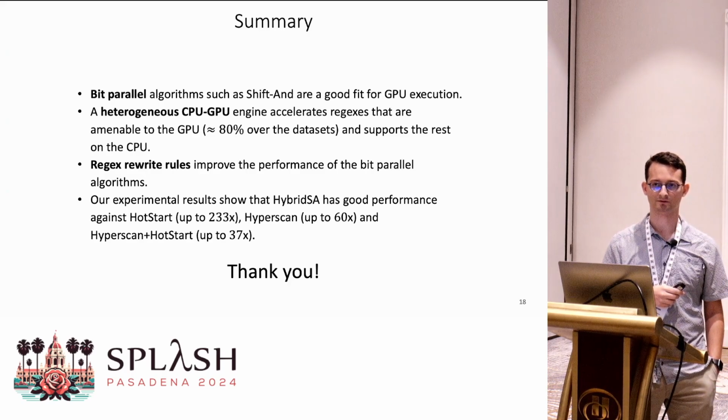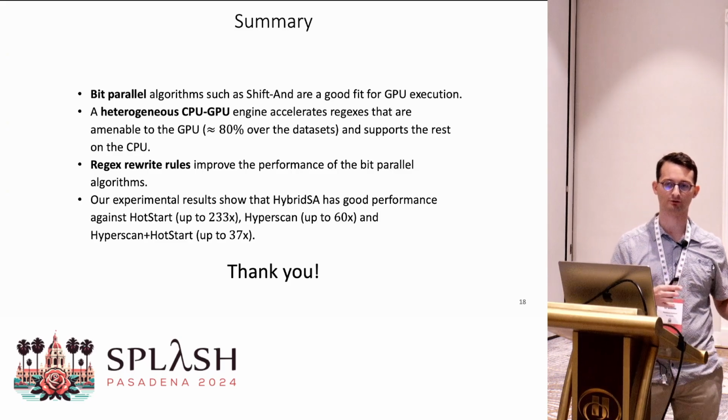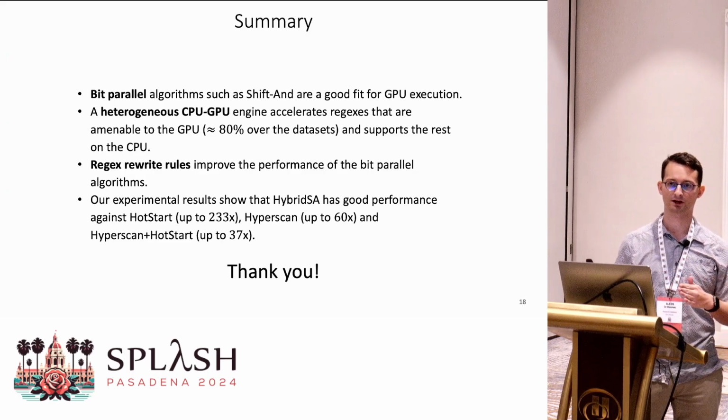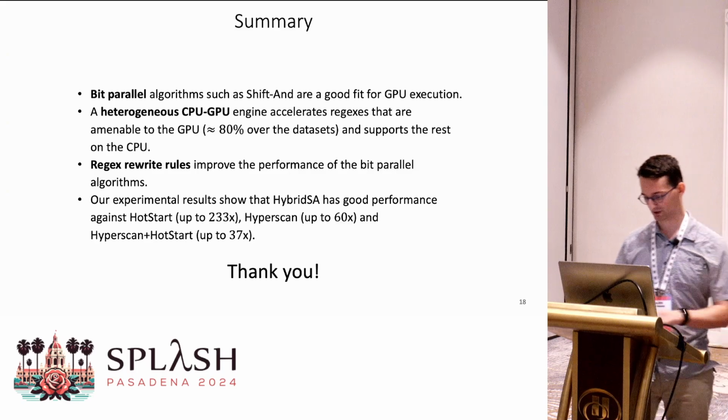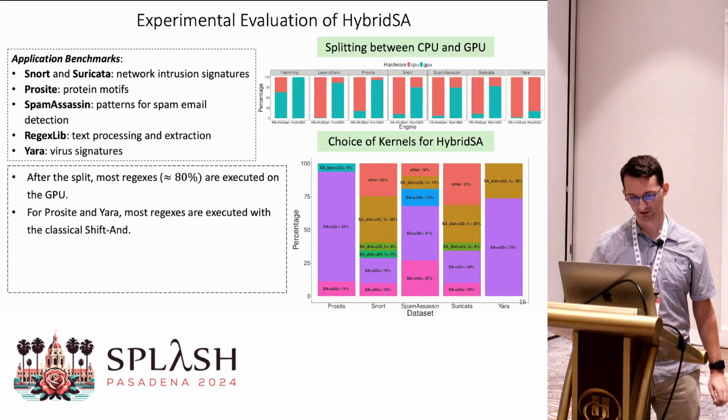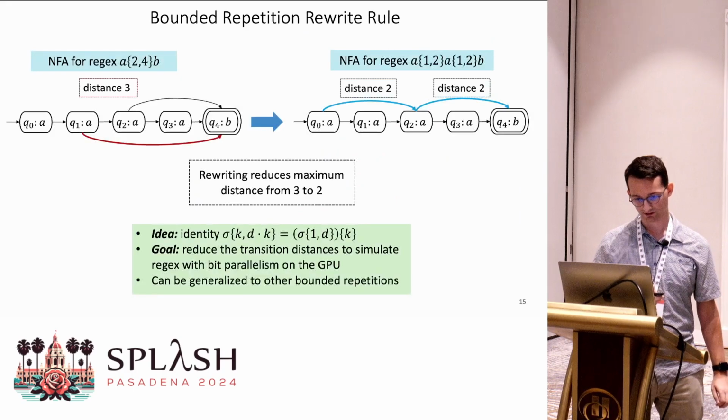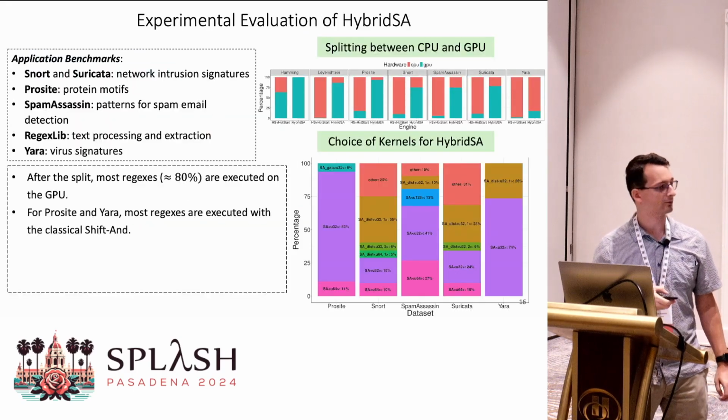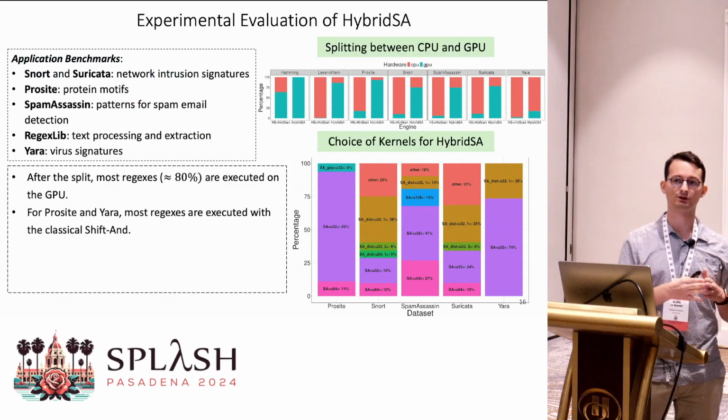So if I understood the question well, it is whether, for larger regexes, we considered whether we should execute them on the GPU or on the CPU. Yes, we did that. Maybe I can go back a bit. So actually here, we have several kernels where we increase the register size.